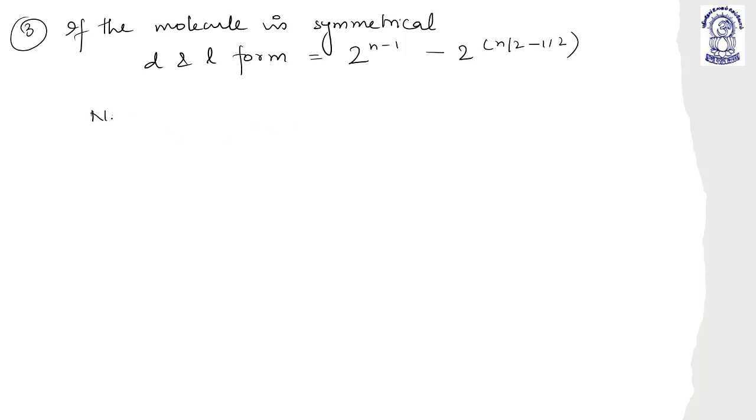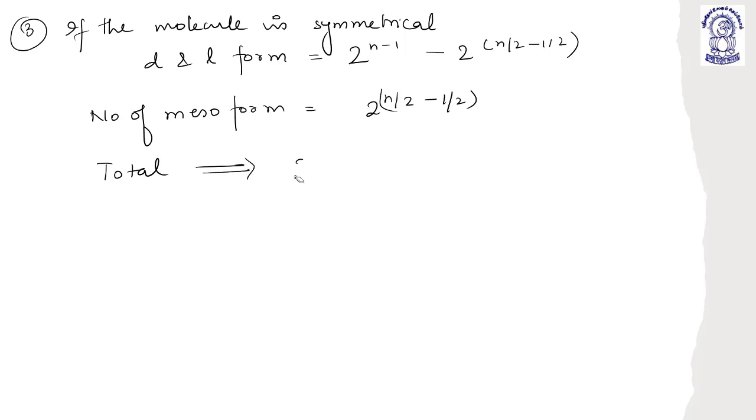Number of meso forms is 2 to the power n by 2 minus 1, by 2. Total number of isomers is 2 to the power n minus 1.